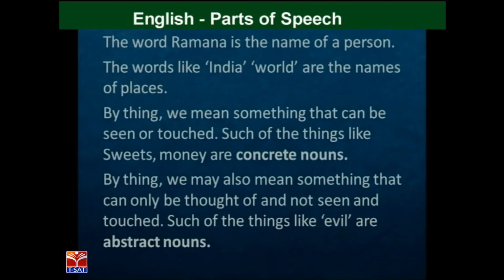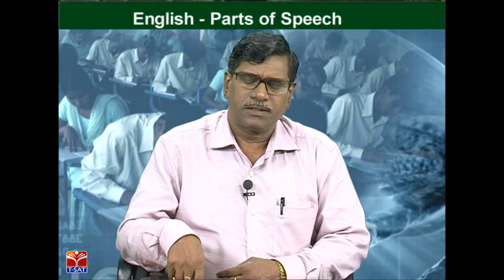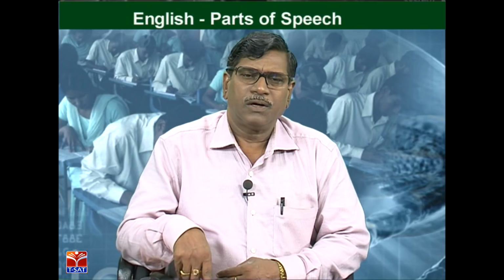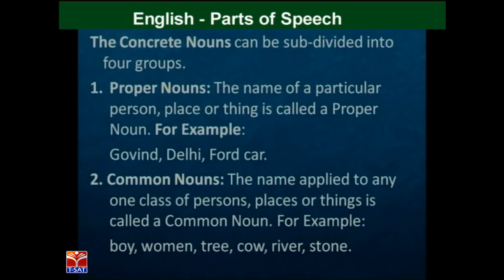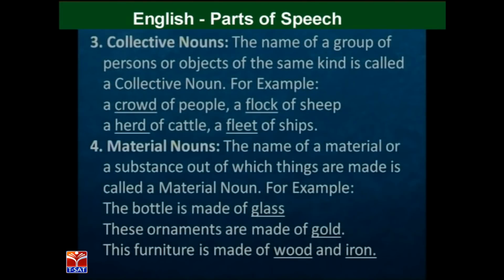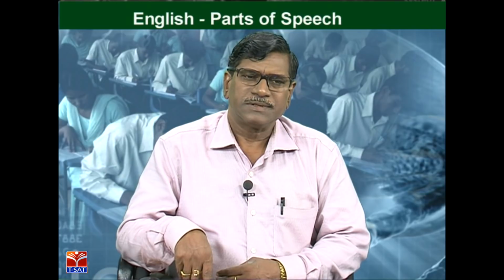Such things are called abstract nouns. And these concrete nouns are subdivided into four varieties. They are proper nouns, common nouns, collective nouns and material nouns. Okay? These are all nouns.